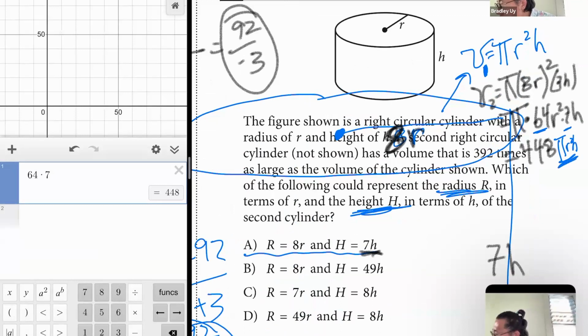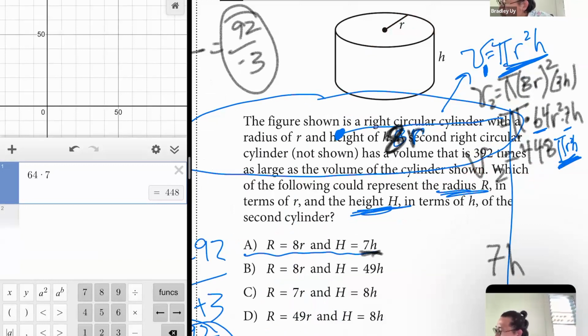Notice the pi r squared h is the same. It's just that this v2 has a volume that's 448 times that of the small one. So 448, I'm not looking for 448, I need 392.